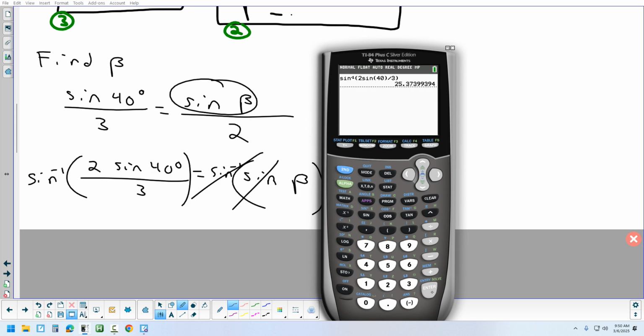If it was no solution, I would have gotten an error right now, because I would have ended up trying to take the inverse sine of a number bigger than 1. Clearly, I didn't do that because I got an answer. So 25.374 is definitely an answer for beta.